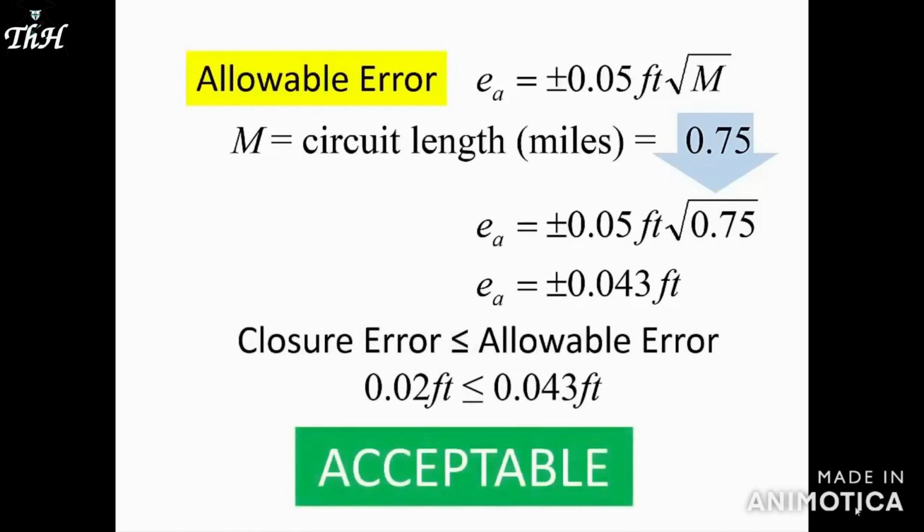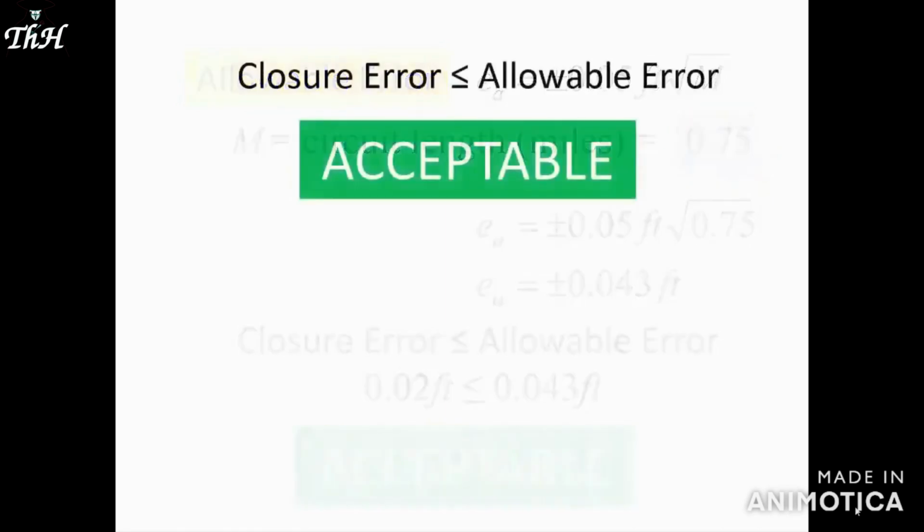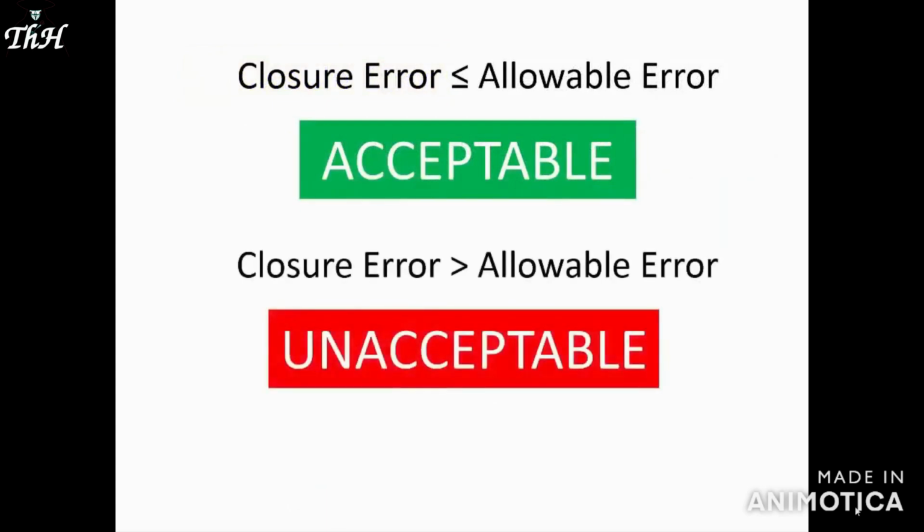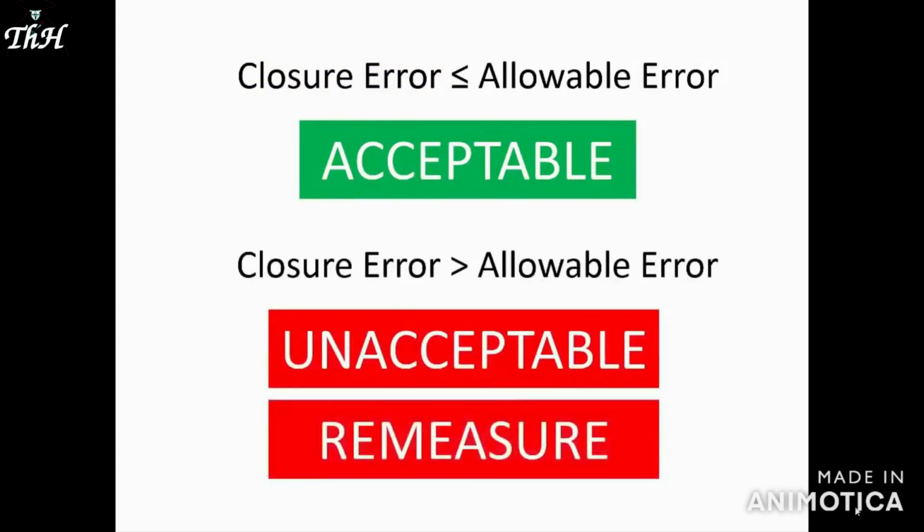acceptable. However, if the closure error were to exceed the allowable error, the closure error would be unacceptable. The remedy then is to remeasure the circuit in part or in whole until the error source is discovered and corrected.